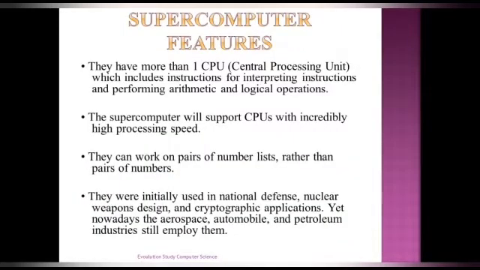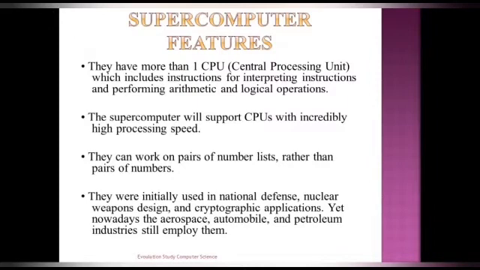There are other features as well. They have more than one CPU, central processing unit, which interprets the instructions and performs arithmetic and logical operations. The supercomputer supports the CPUs with incredibly high processing speed.